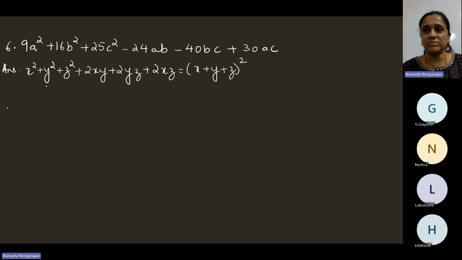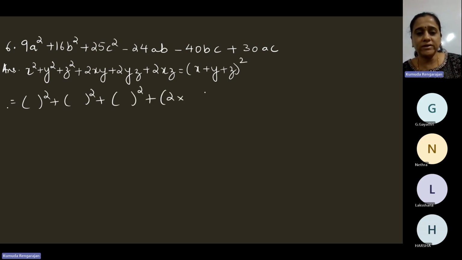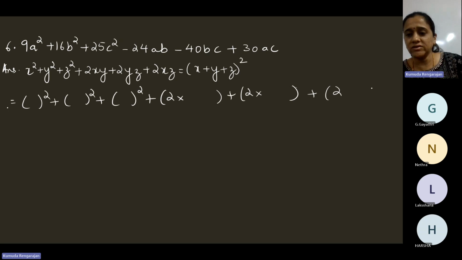Okay, so I have to tell you something here. Please listen. First, write the relevant identity. Use empty brackets. X squared plus y squared plus z squared plus 2 into x into y plus 2 into y into z plus 2 into x into z.